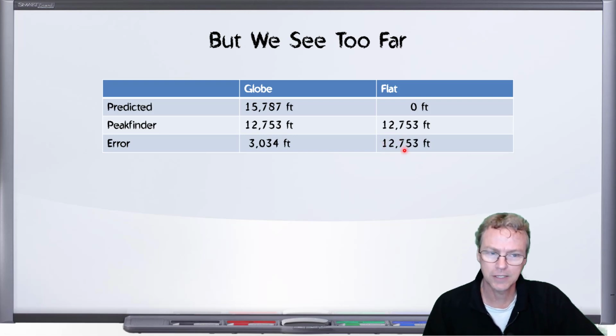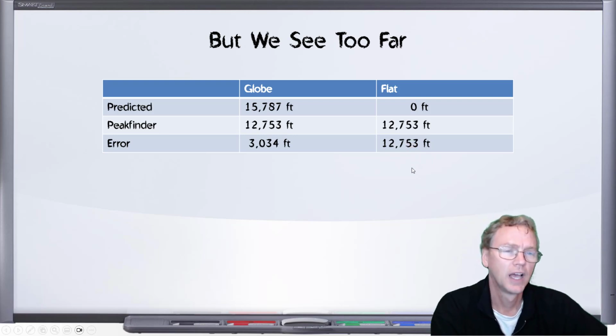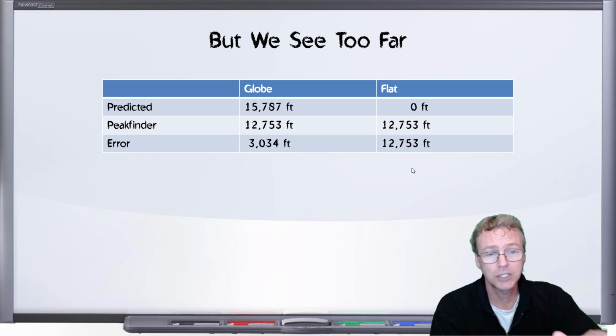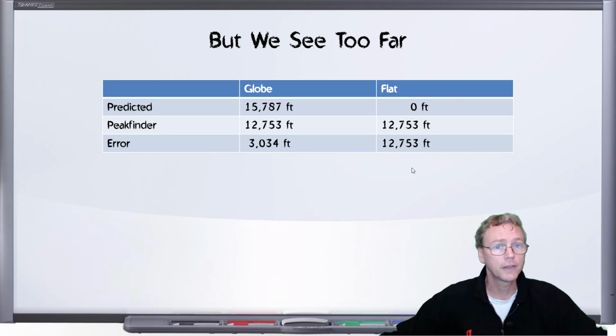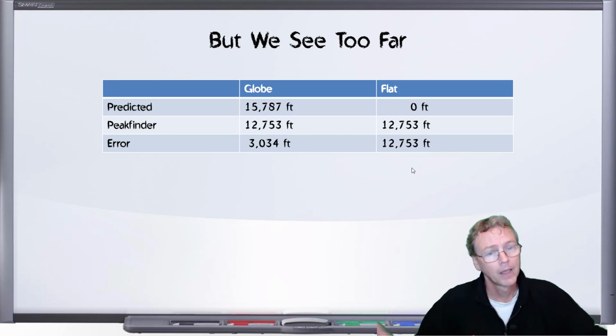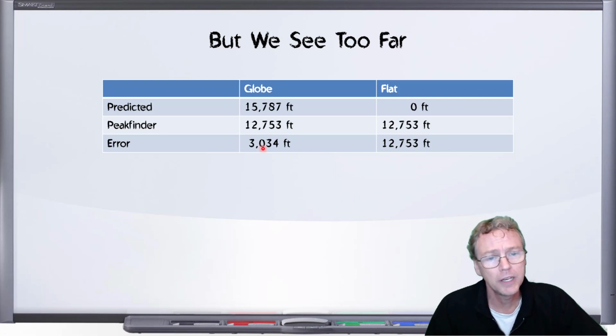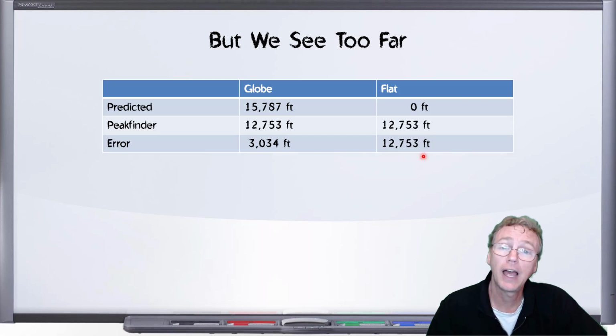But are we just going to accept the 12,000 feet that the flat is wrong? I don't think so. I mean, if we just take this as our only criteria that we're going to test by, we're going to have to say globe didn't do very well, but it did better than flat.